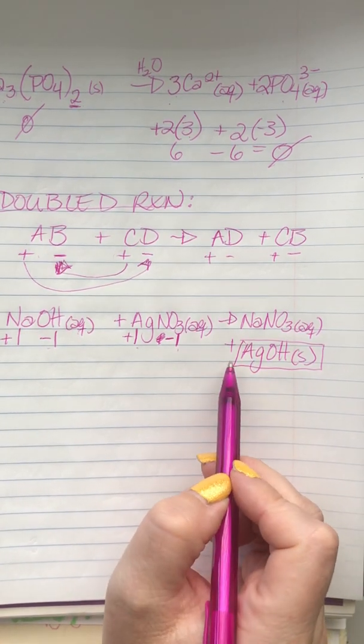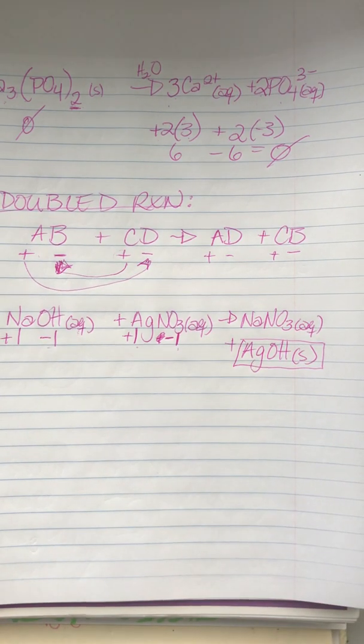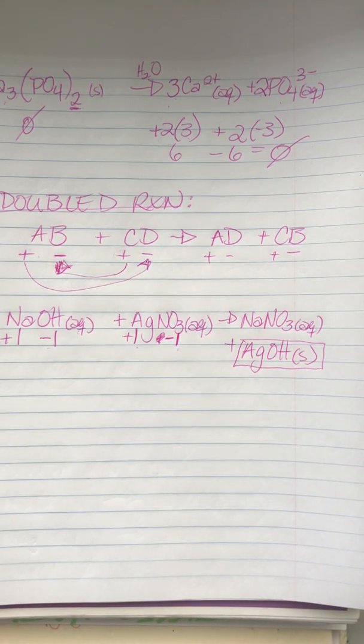We can get the solid that's formed to coalesce via different methods, and some solids that form in double D reactions are going to naturally make bigger solids, right?